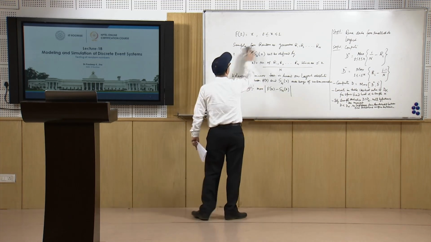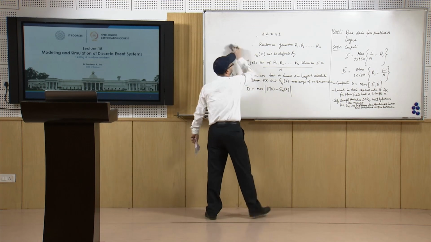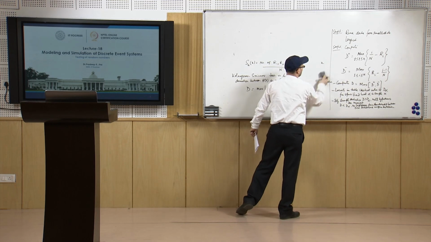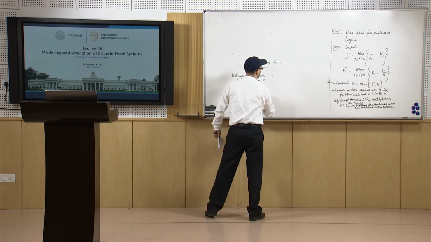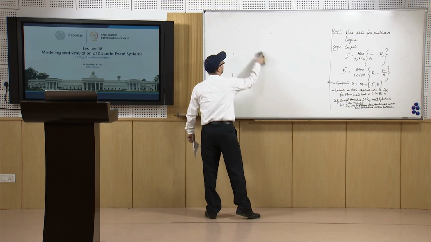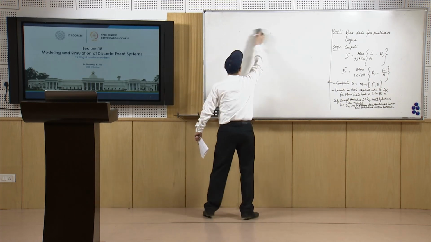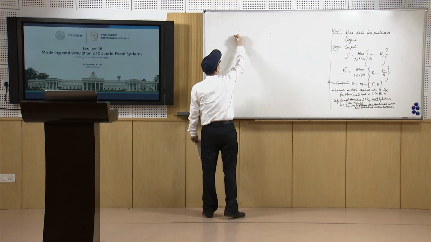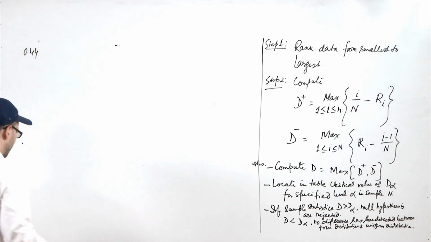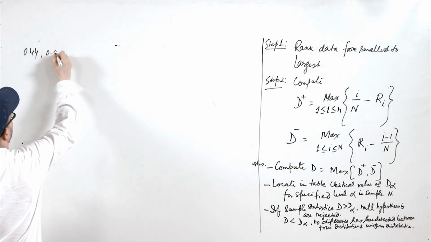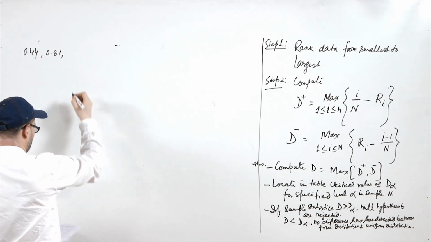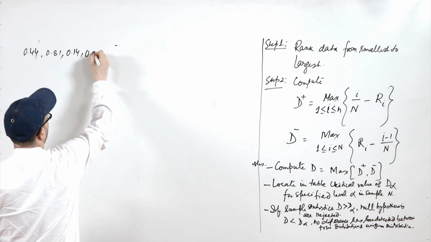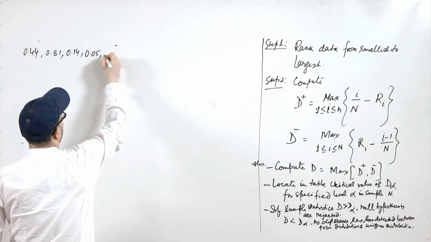Now, we can see how this test is carried out for any number of digits by checking 5 random digits. Suppose there are 5 digits given: 0.44, 0.81, 0.14, 0.05 and 0.93.